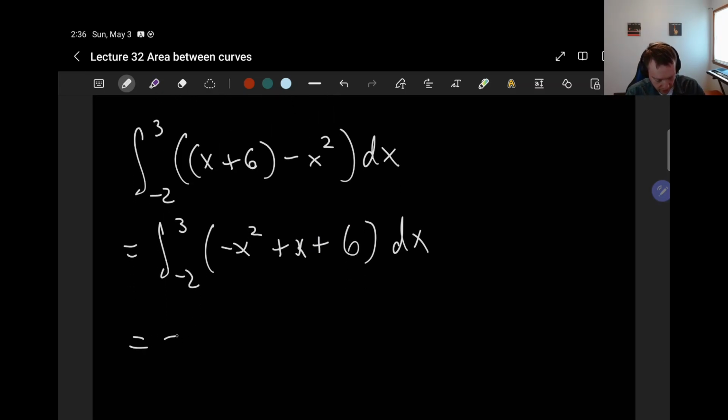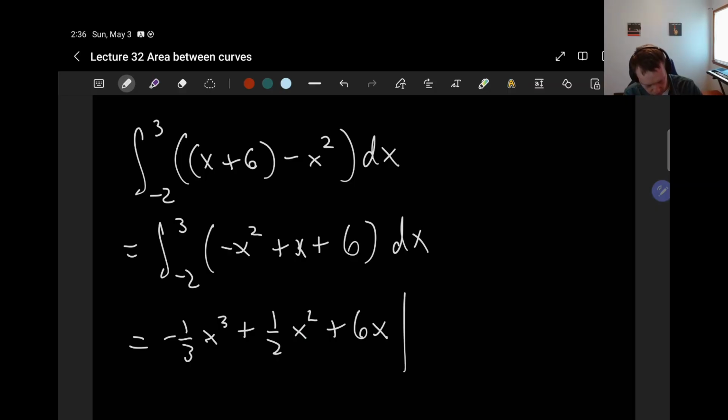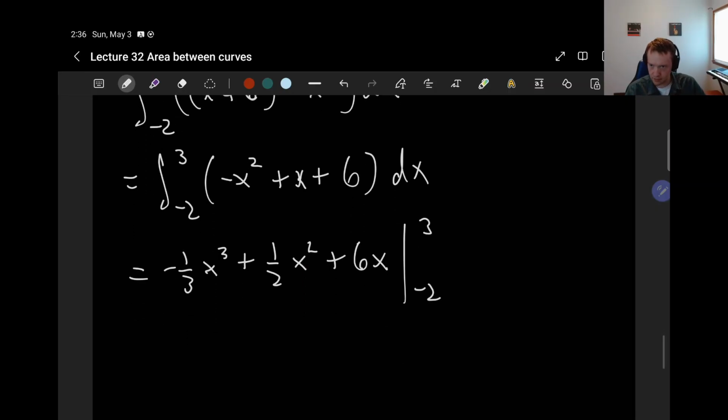All right, now we take the antiderivative. And we evaluate. So negative 1/3 times 3 cubed.